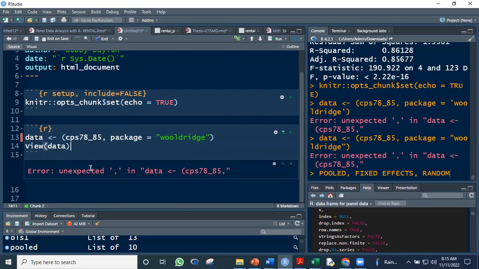What's wrong with this? What does it say on yours? The same, error in comma? Yes, sir. But our function is correct, just like this one.